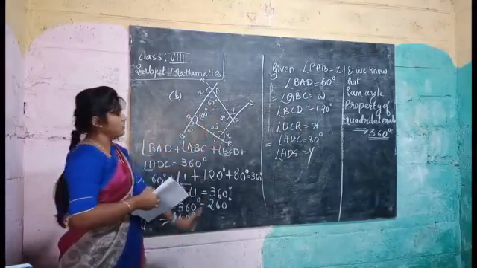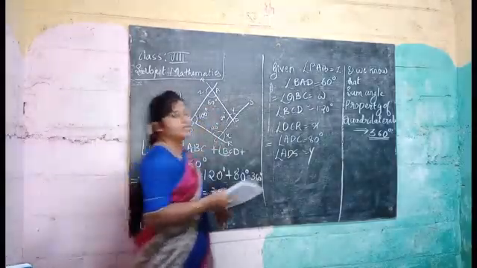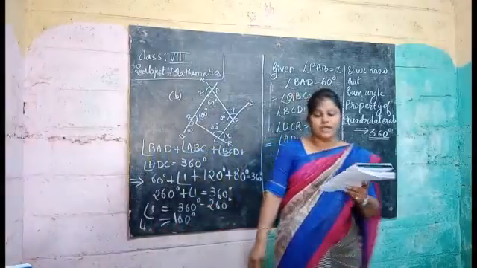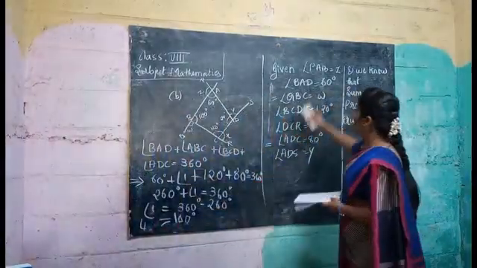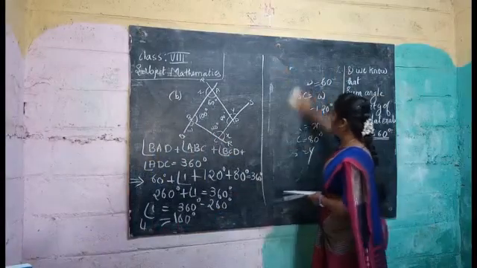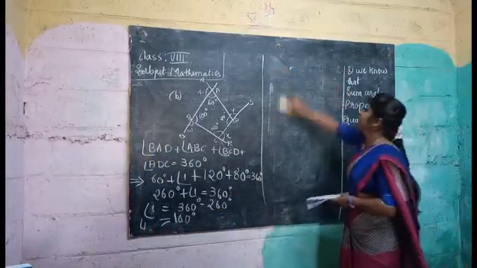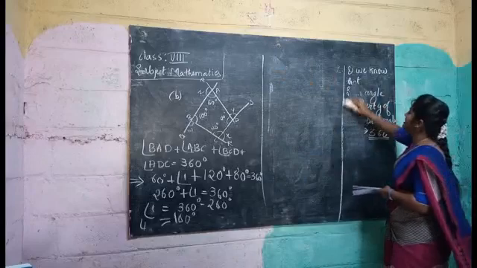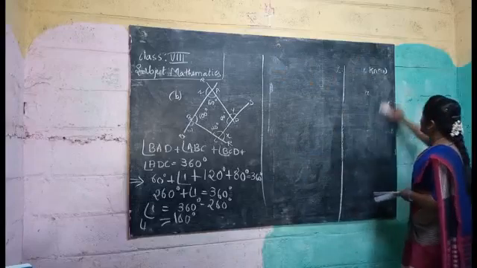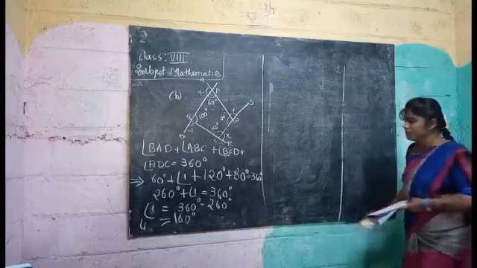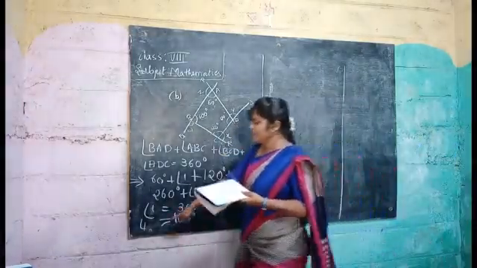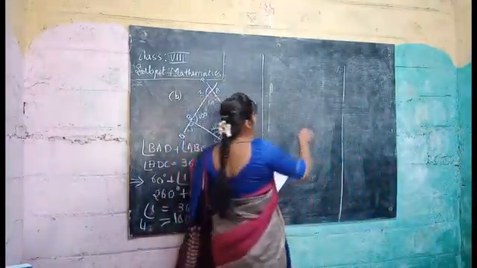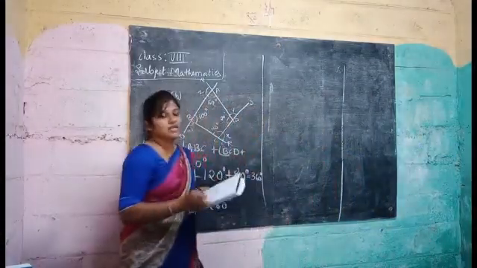After knowing all the four, we have to find out the x value, y value, and z value. Now I am rubbing this part. Please copy all this step by step, then only you can easily calculate the values. Okay. After getting angle 1, we have to take a line, like in the previous class we did.